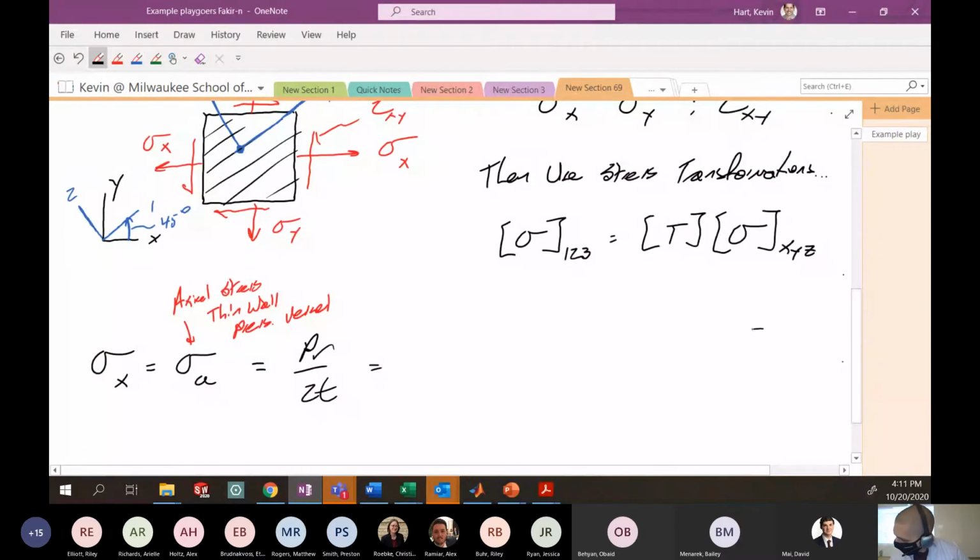If we're looking at a cylindrical thin-walled pressure vessel, let's remind ourselves what these variables are. T is the wall thickness. R is the distance to the inner radius for thin-walled pressure vessels.